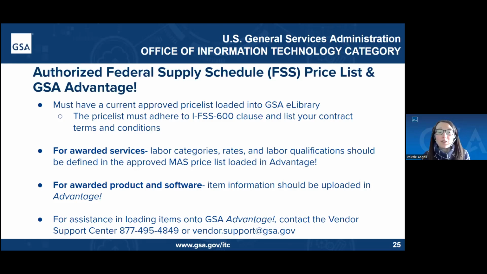For awarded services, please note that labor categories, rates, and labor qualifications must be defined in the approved price list that's loaded in Advantage. And this price list is available to be downloaded from GSA eLibrary once it's uploaded by the vendor and approved by the GSA contracting officer.